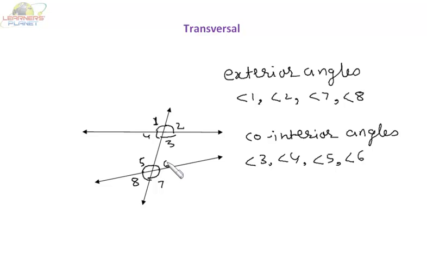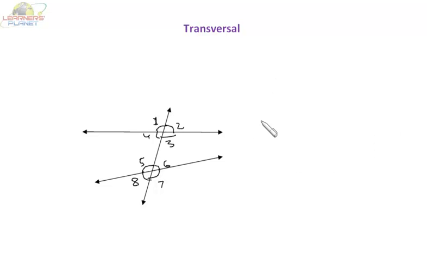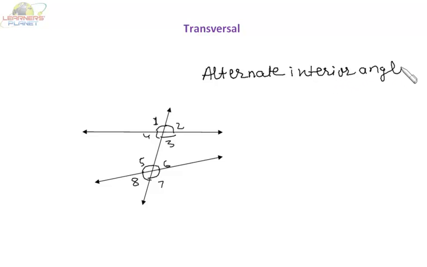Now let's discuss alternate interior angles. Now let's see what alternate interior angles are. The pair of angles which lie in the interior of the lines and also lie on opposite sides of the transversal are called alternate interior angles.